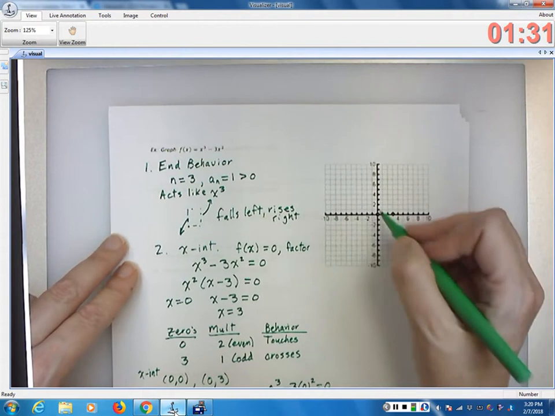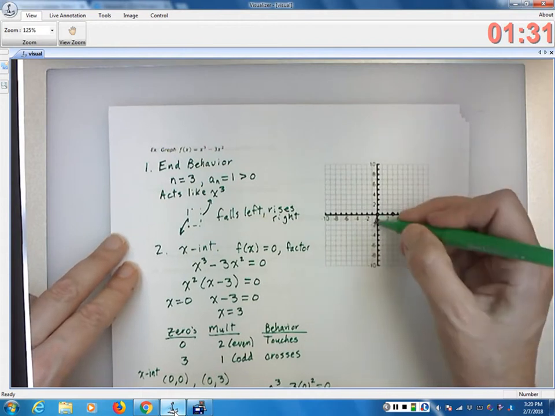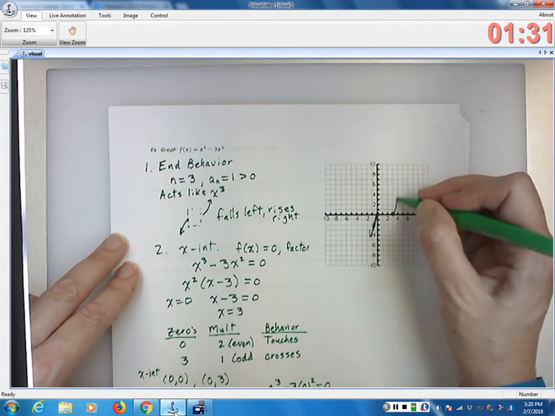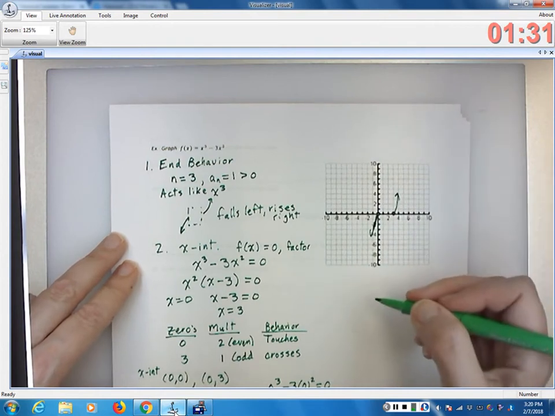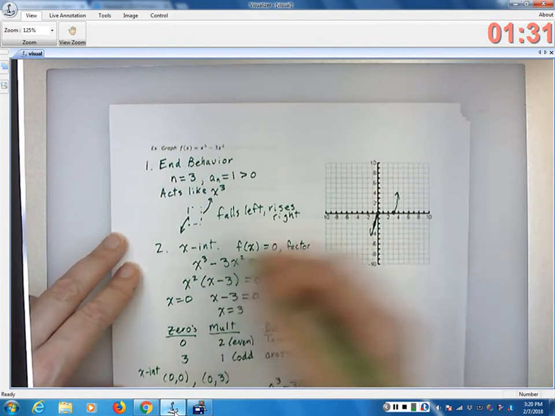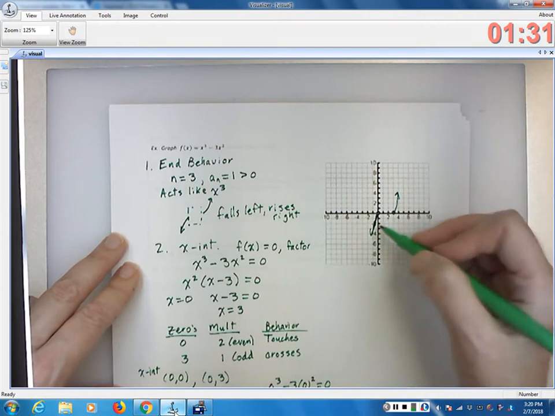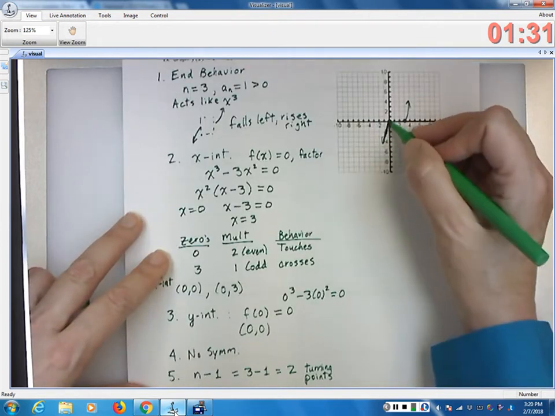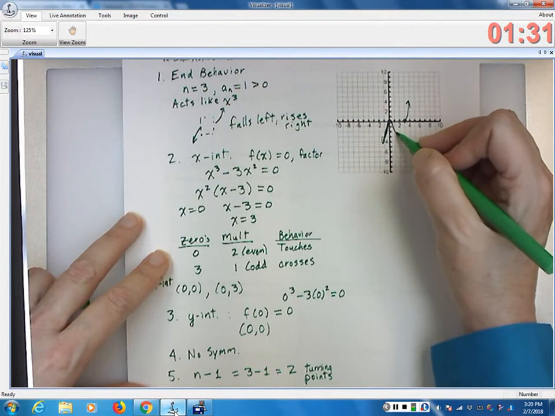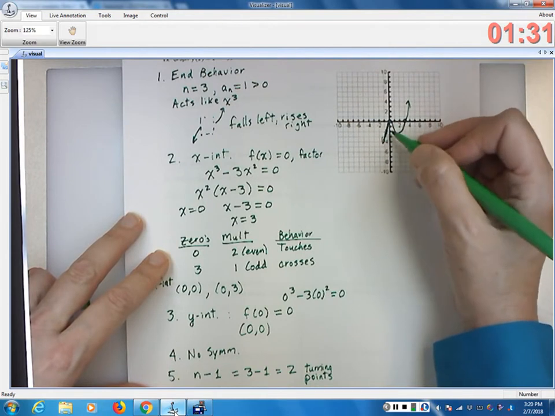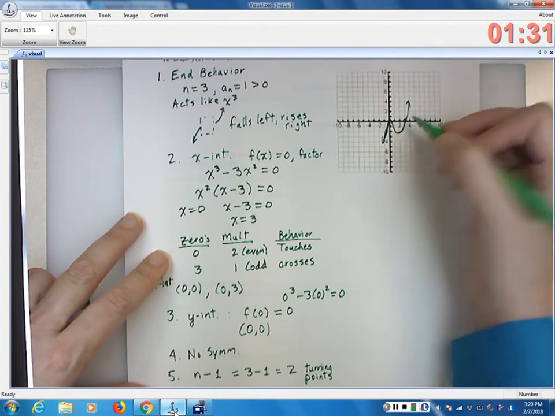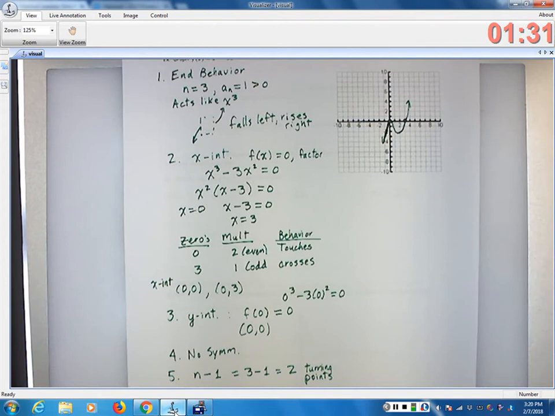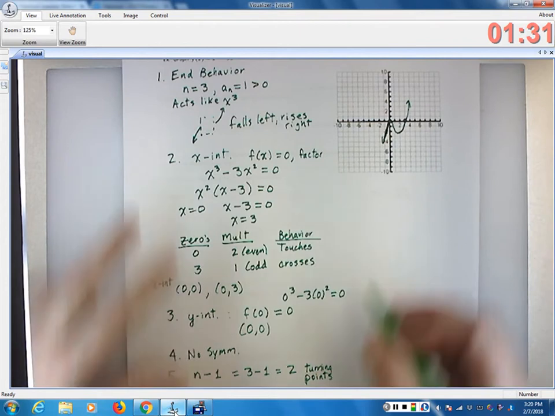The end behavior is it falls this way and rises this way: falls left, rises right. And then what's it doing at the zeros? At this one it's touching, so it's turning around. At this one it's crossing. Now, I'm not really showing that it's flattening out. That's okay. So that's the kind of graph I'm looking for.